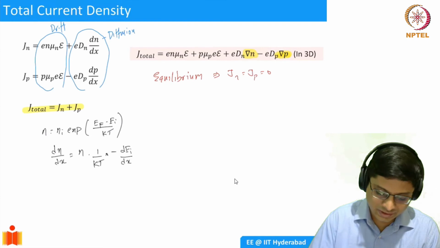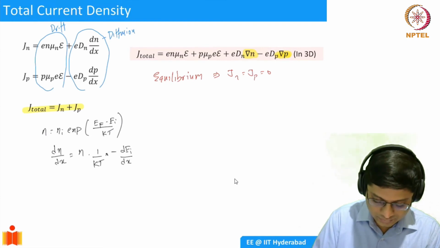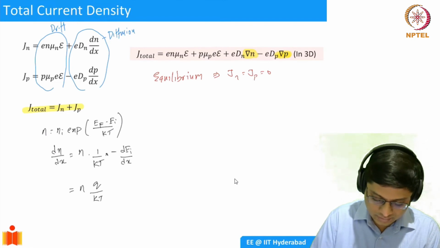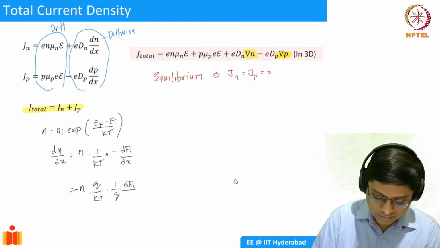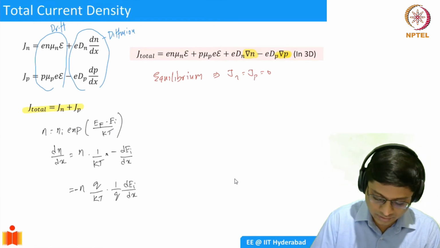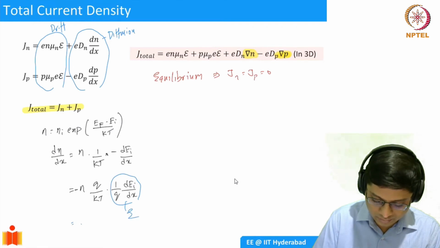We could try to rewrite it in the form of the electric field, right? So this we can write as N times Q by KT, I'll put a minus outside. So this is going to be 1 over Q dEI by dx, which is simply the electric field. So this is going to be minus N Q by KT times the electric field.